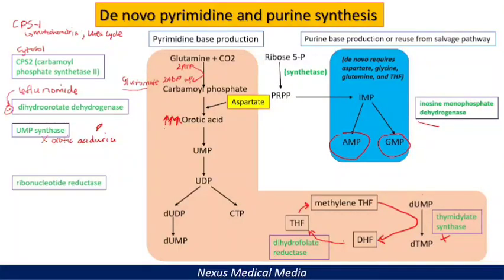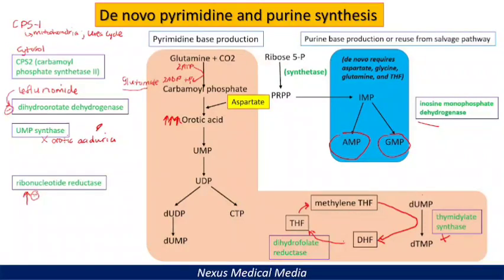Right, so the next step is converting UDP to deoxy-UDP using an enzyme called ribonucleotide reductase. There is a drug that inhibits this enzyme.